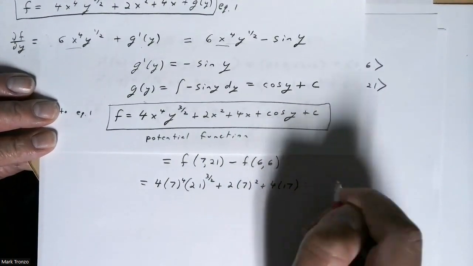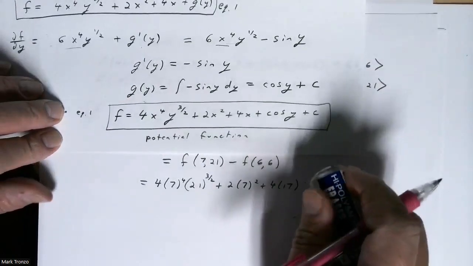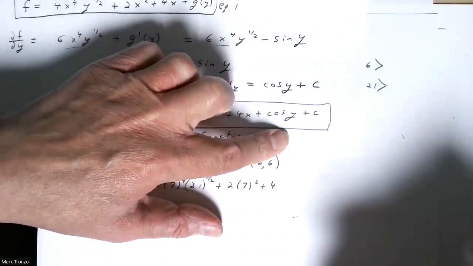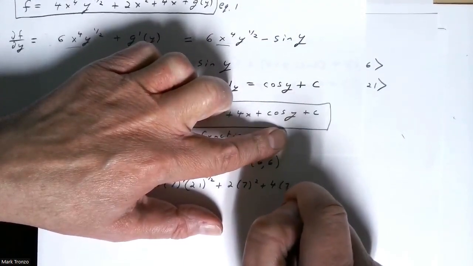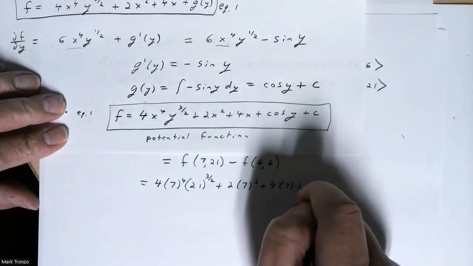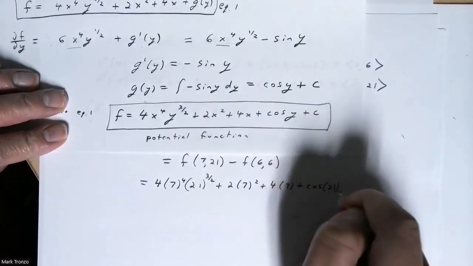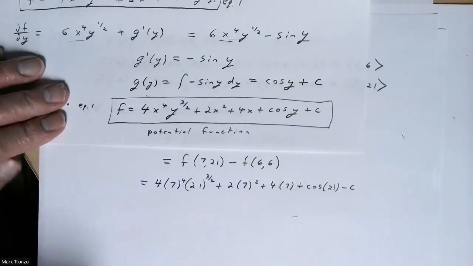Excuse me, that should be 4 times 7. Cos 21 minus c. So let's just double check.